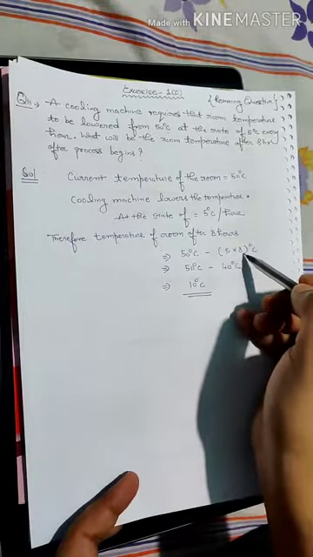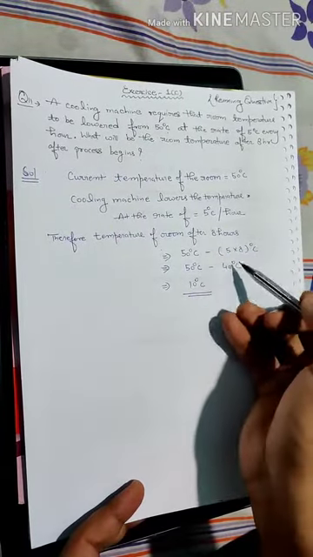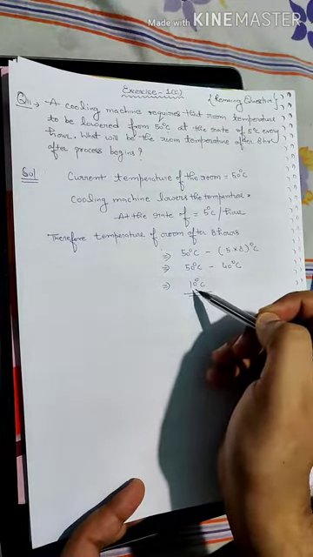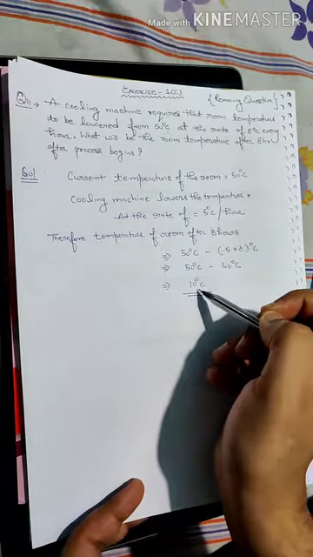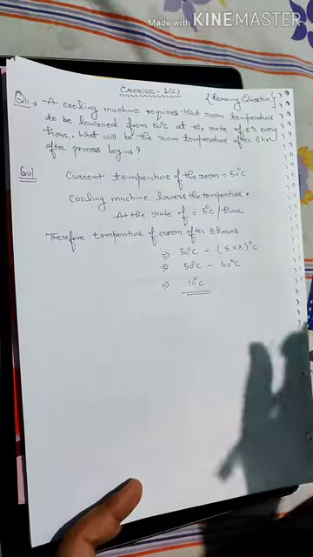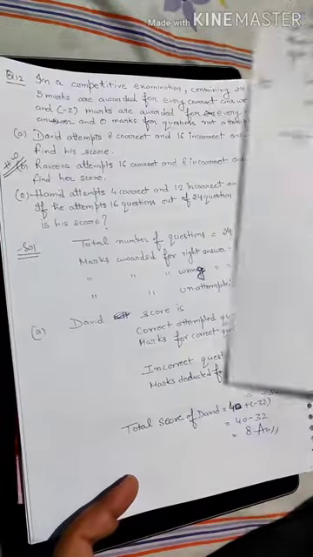So 5 into 8 is 40. So 40 degree centigrade will be subtracted from 50 degree centigrade, and the answer comes out as 10 degree centigrade. Hope you understand the question. Okay, next question.